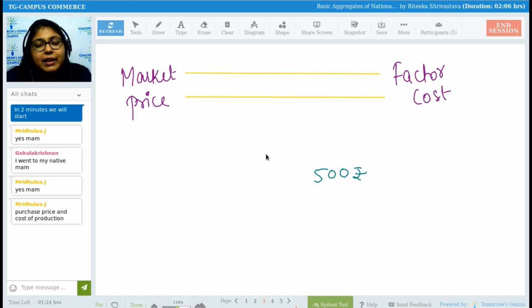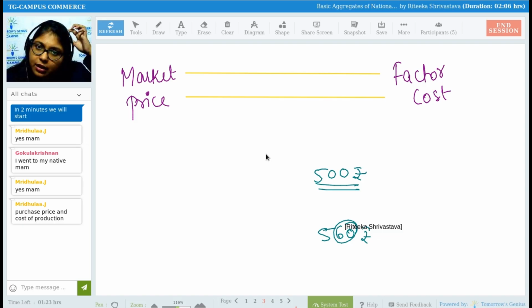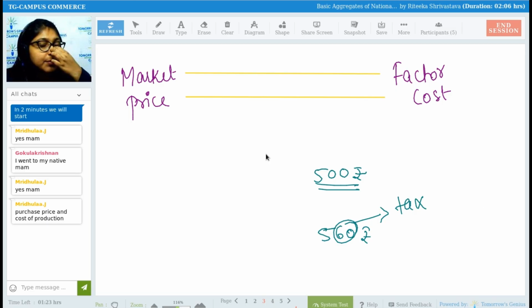while doing the total payment, you will see that the same 500 rupees pizza, now you have to pay 560 rupees. What is the 60 rupees extra? This 60 rupees extra is nothing but the taxes which both the producer and sellers pay. So you also have to pay 60 rupees and the seller's tax would be different.